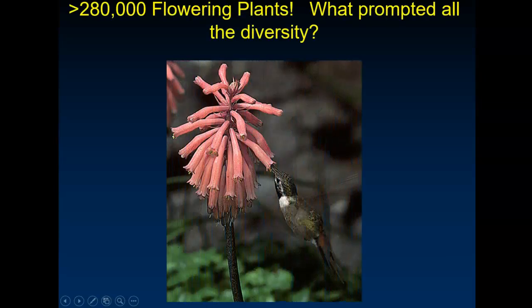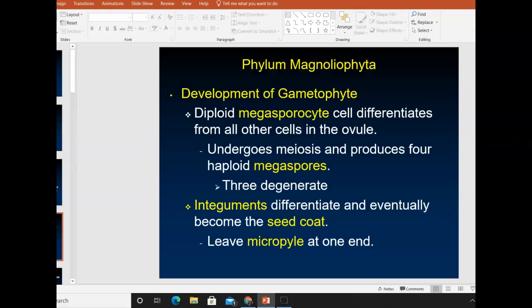So again, I mentioned earlier that there's over 280,000 different ones, and really, why do we have such huge diversity in the flowering plant kingdom compared to all of the others? There's just so much more diversity here. One of the answers can be seen right here in this picture, right?